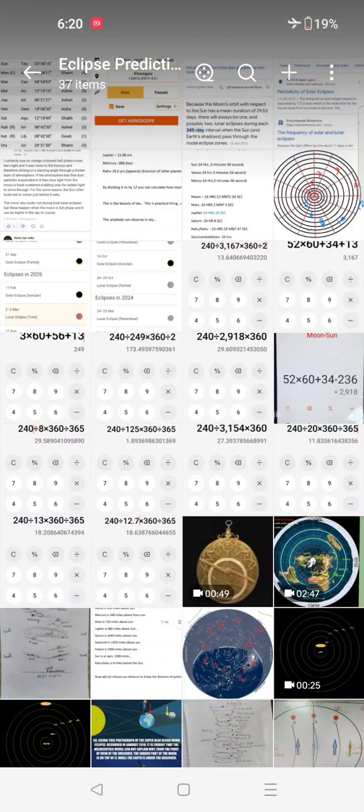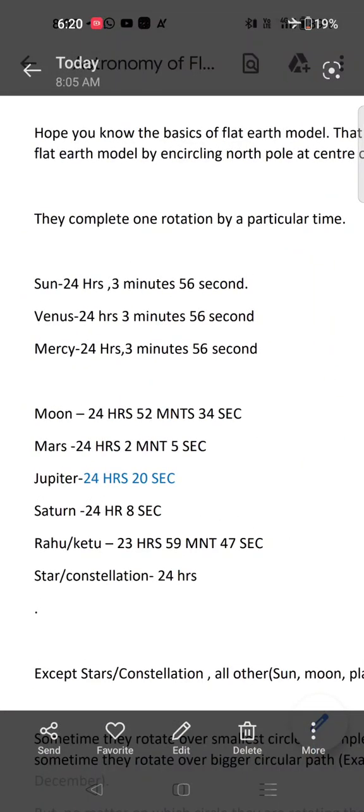Now let's consider our solar eclipse. To calculate a solar eclipse, what do we have to do? We have to take the difference between Sun and Rahu. Now we have to avoid the star or constellation, as we have to calculate in how many days Sun and Rahu will be in the same place. That has to be calculated.